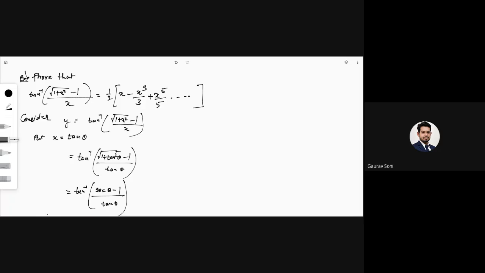Simplifying, tan inverse of (1 minus cos theta) upon sin theta, which is tan inverse of 2 sin square theta by 2 upon 2 sin theta by 2 cos theta by 2.